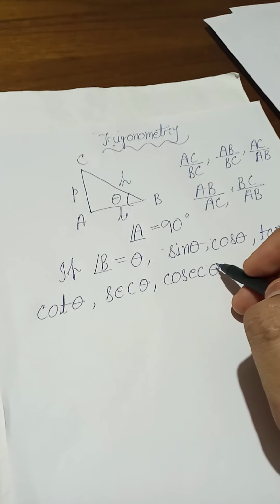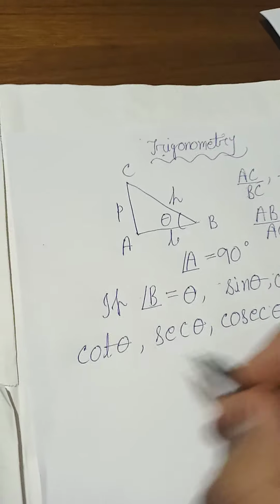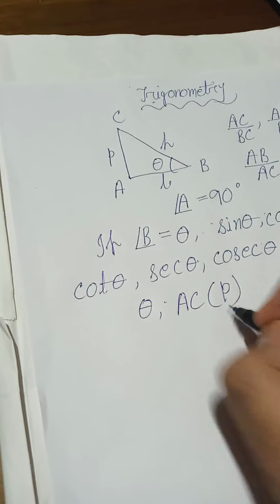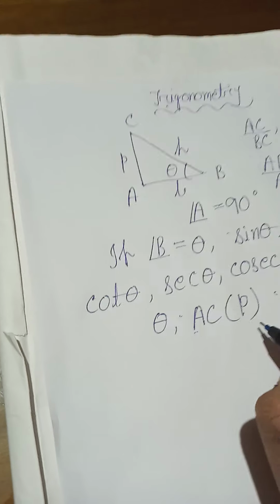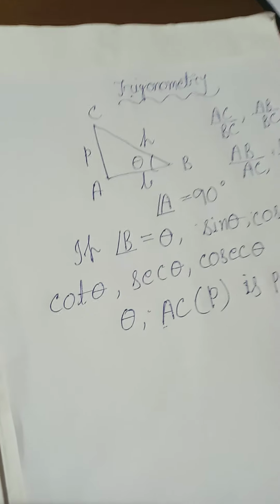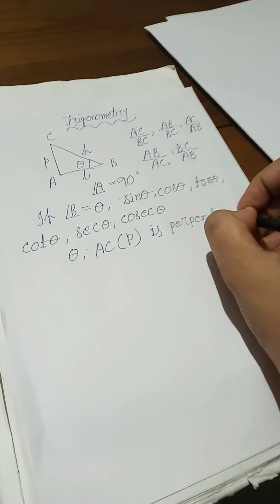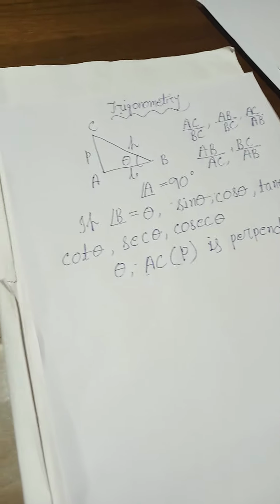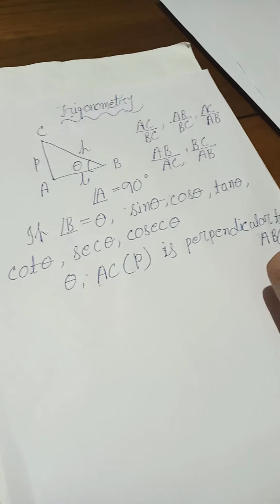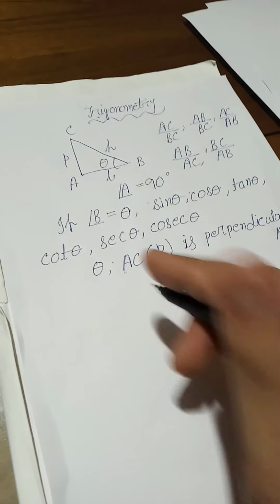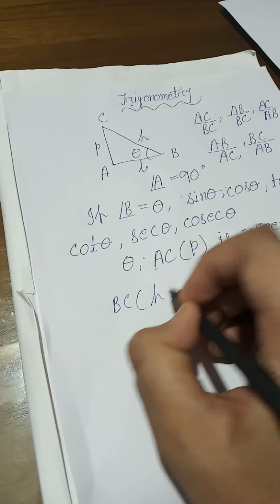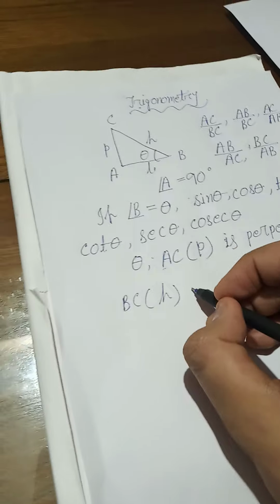So clearly for this given angle theta, AC, which is denoted with small p, is perpendicular to AB, which is denoted with small b, which is the base, and BC, which is denoted with small h, is the hypotenuse.